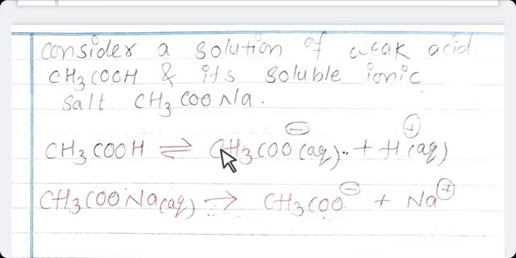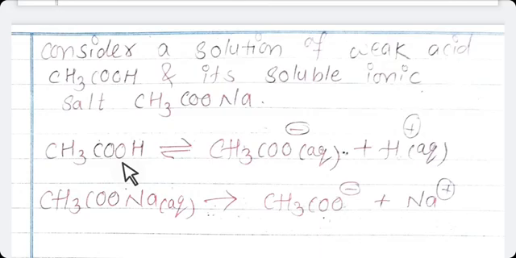When this acetate ion is added to the acetic acid, the equilibrium shifts to the left and the reverse reaction is favored, in which acetate ion again reacts with H plus ion and produces acetic acid, meaning the dissociation of acetic acid is suppressed.